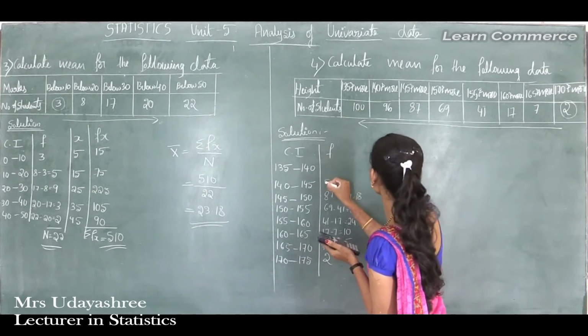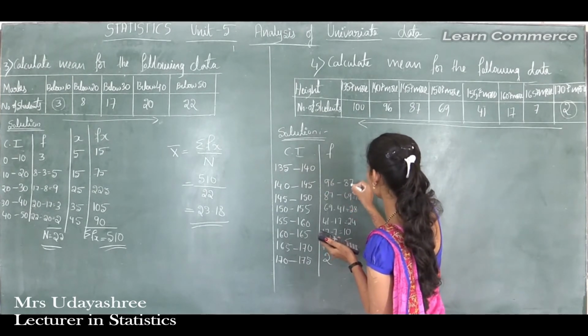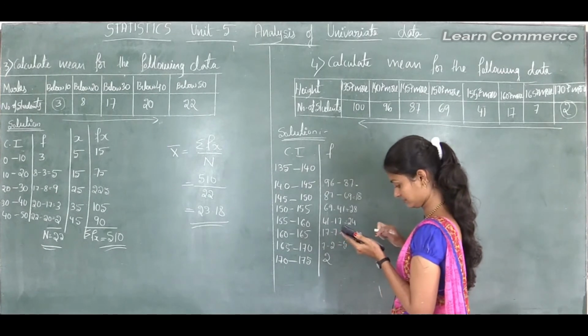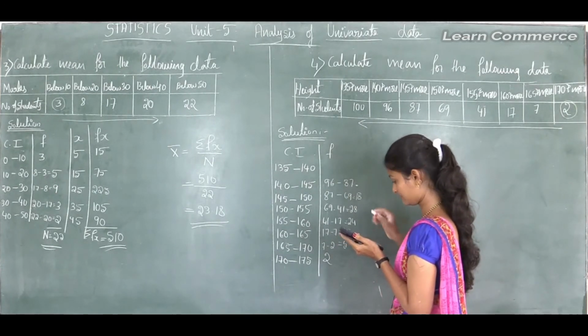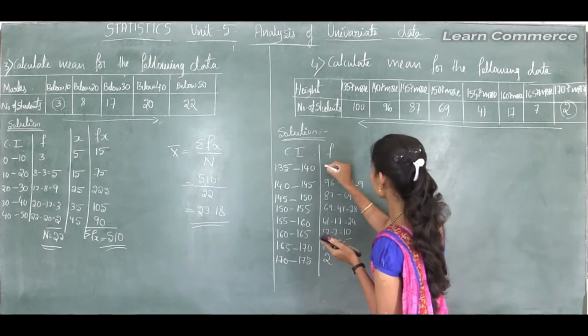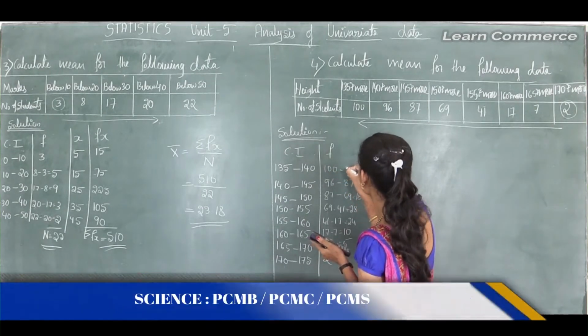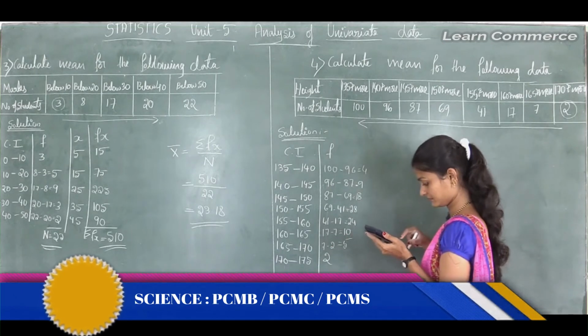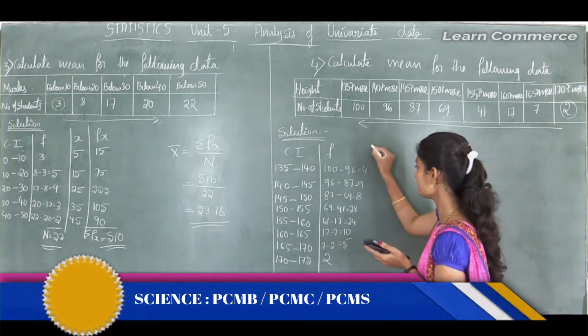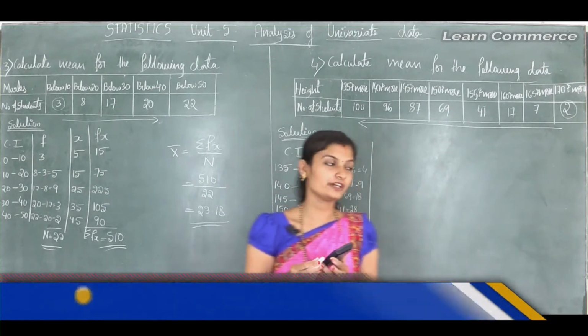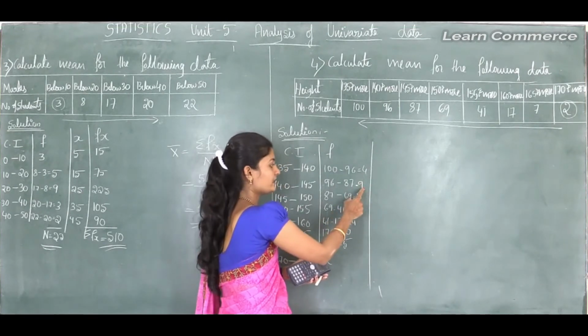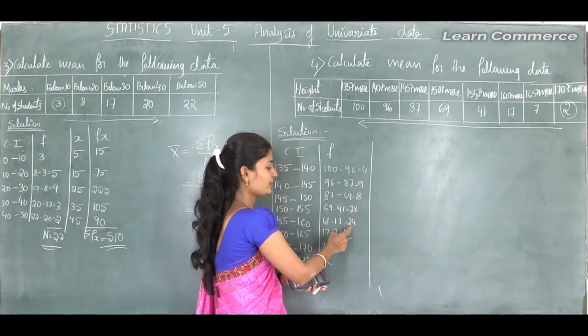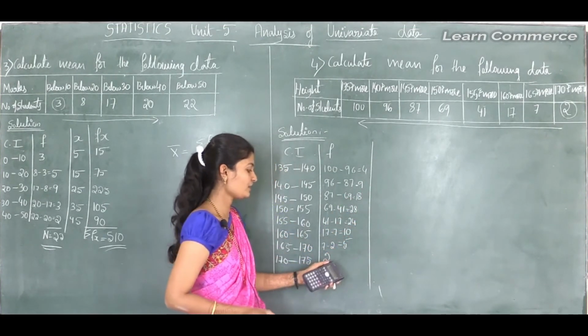Next, 96 minus 87 is 9. Next, 100 minus 96 is 4. See, these are the frequencies. So here the frequencies are 4, 9, 18, 28, 24, 10, 5 and 2.